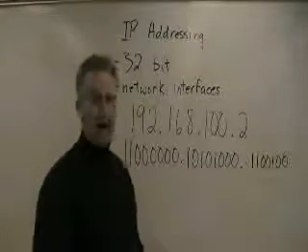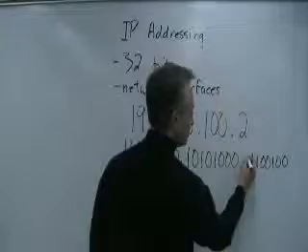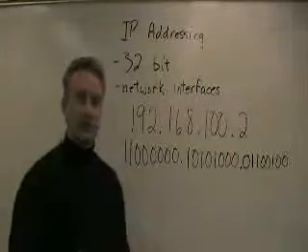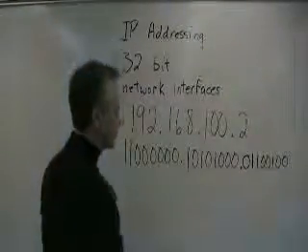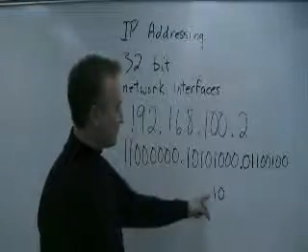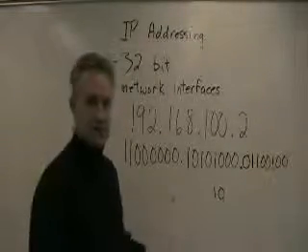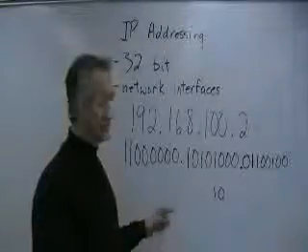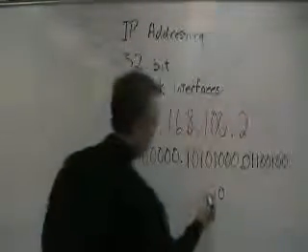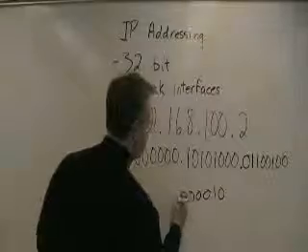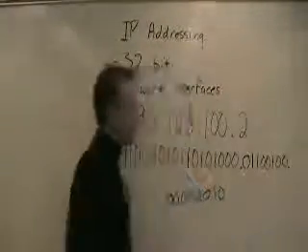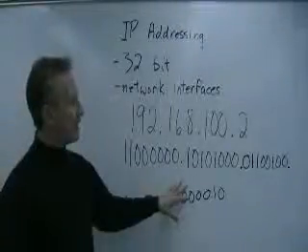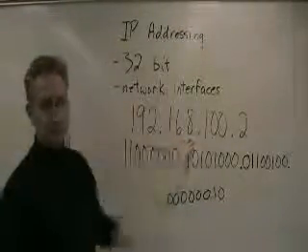So in that case, I have to add a 0 on the front to make sure that I have a full 8 bits. Likewise for 2, binary 2 is just 10. I have to make sure I have my leading 6 zeros along with that to get a full 8 bits. There we go. So we have the binary version of the decimal version.